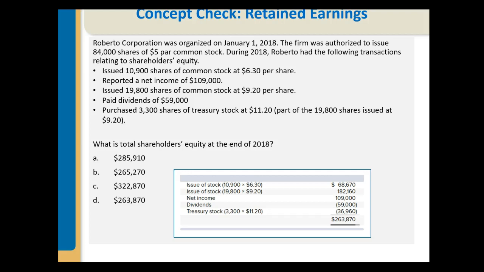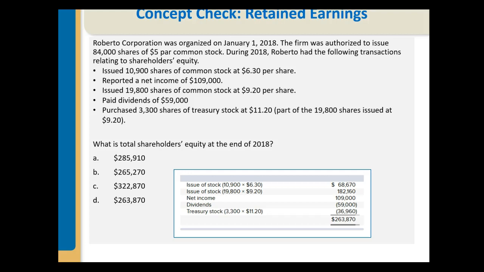Issued 19,800 shares of common stock at $9.20 per share. Paid dividends of $59,000 and purchased 3,300 shares of treasury stock at $11.20, part of the 19,800 shares issued at $9.20.